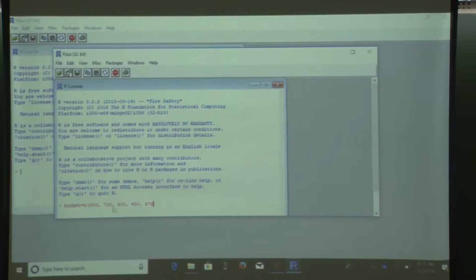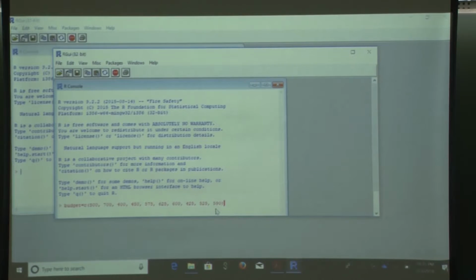Let's put 2 more. 625, and maybe another one is 600. I'm just making 10. It could be the same as well. Okay, we don't need to worry about that. And 590.